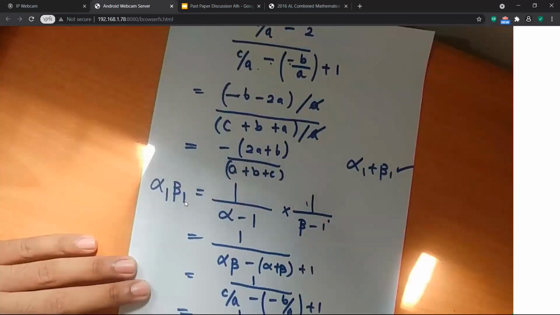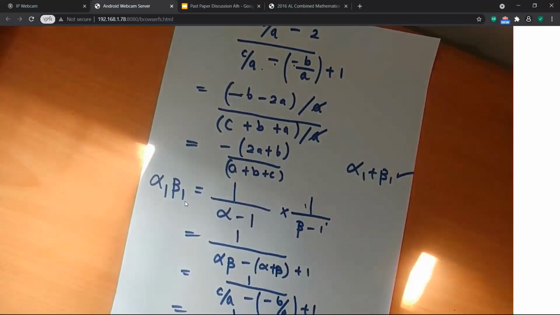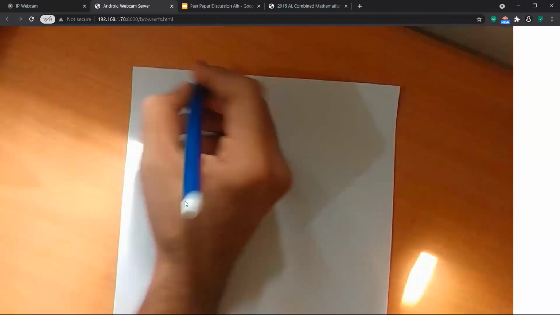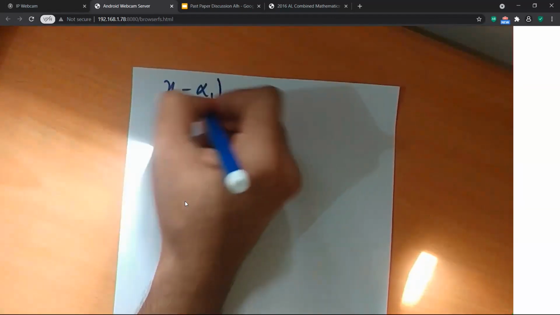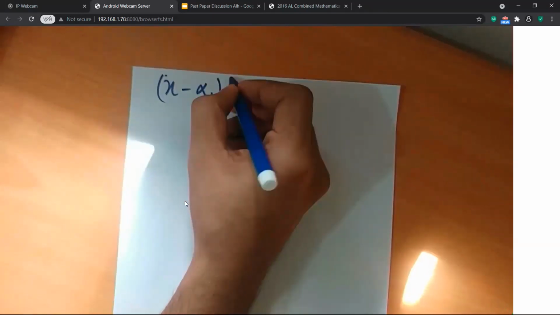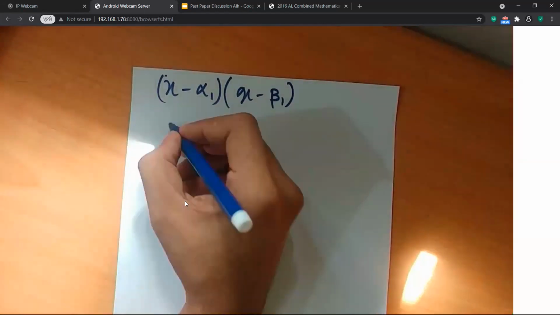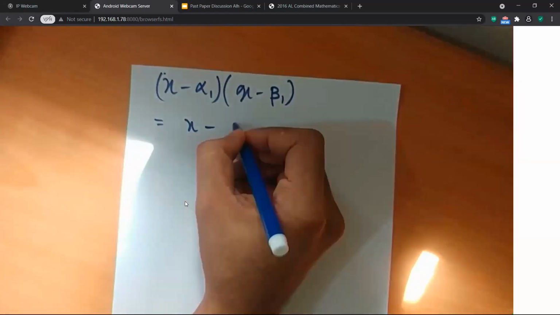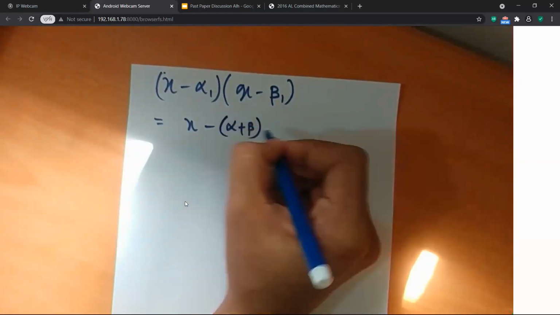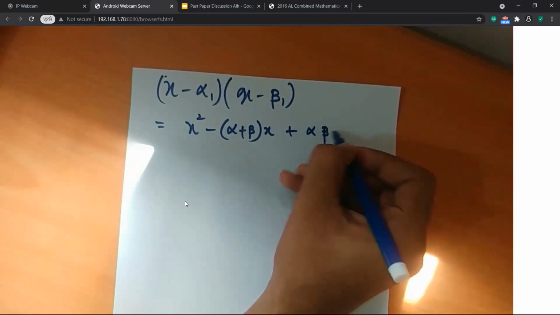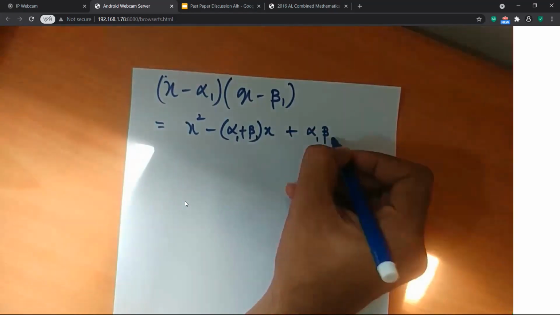What do we need? We need the equation in which alpha 1 and beta 1 are the roots. That means we wrote this before. The equation is x minus alpha 1, times x minus beta 1. This is what we need, right? And when we simplify this, we know it will come as x squared minus alpha 1 plus beta 1 times x, plus alpha 1 beta 1, equals 0.